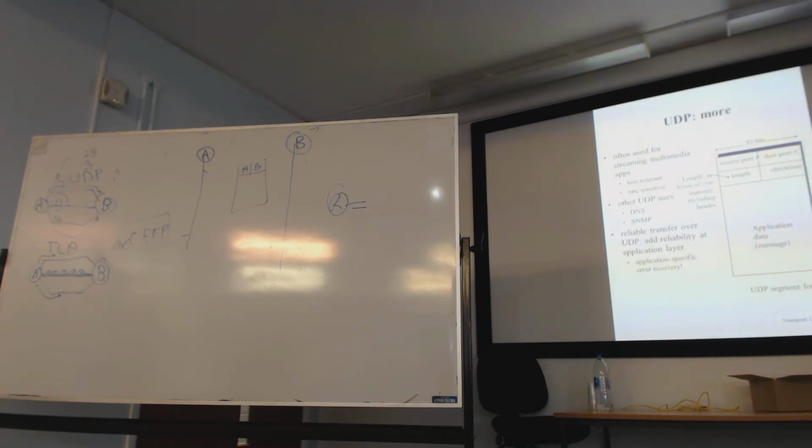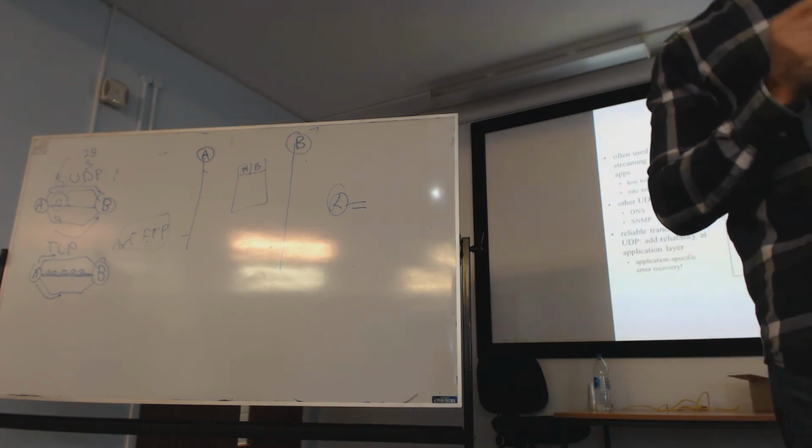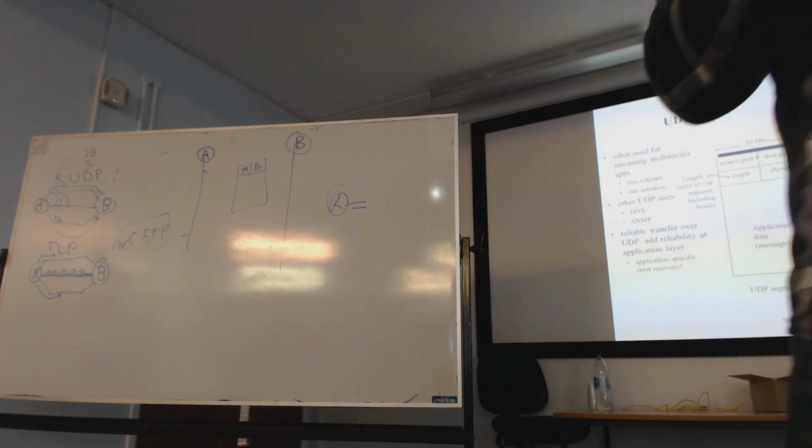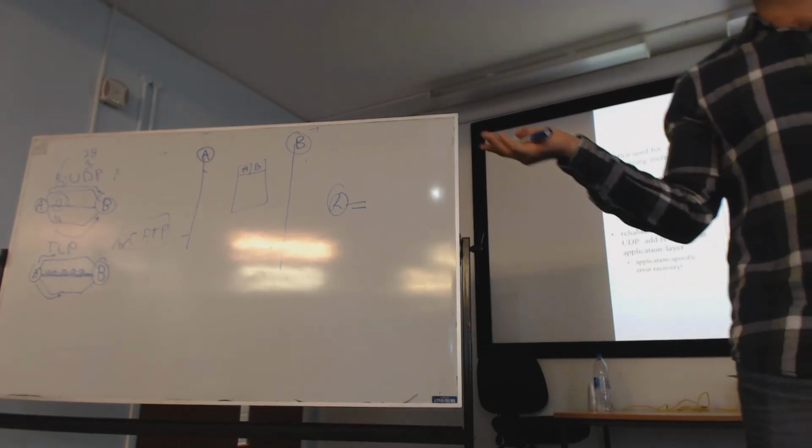If I want to use reliability within UDP, what do I do? What do I add, like point to point, to provide a reliable service? Sliding window protocol. Okay?